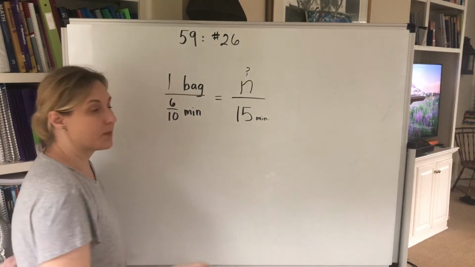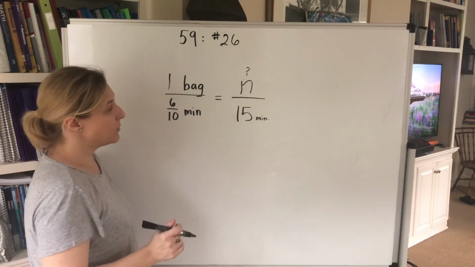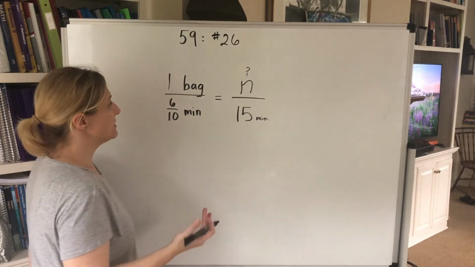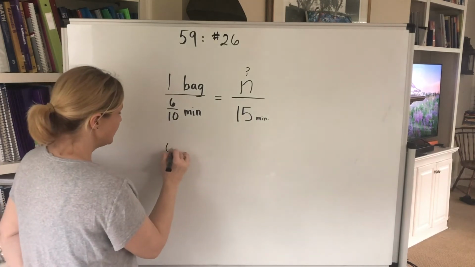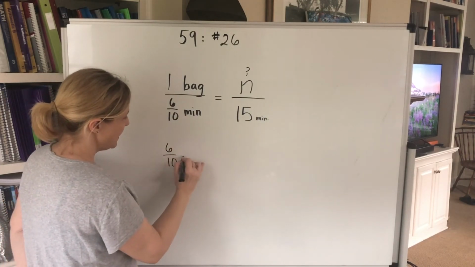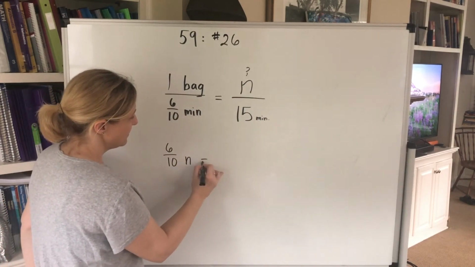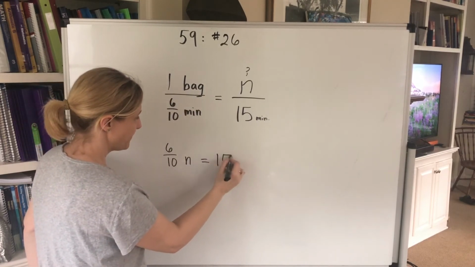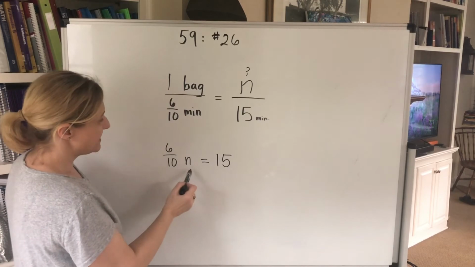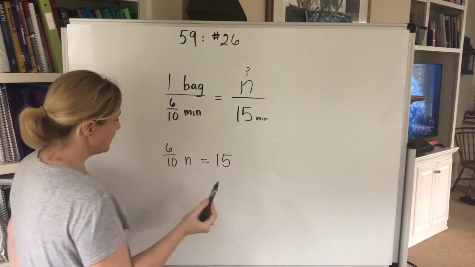Now that we have a proportion, we can make a number sentence, right? n times 6/10 is 6/10 n, equals 1 times 15 is 15. So 6/10 n equals 15 is our equation.